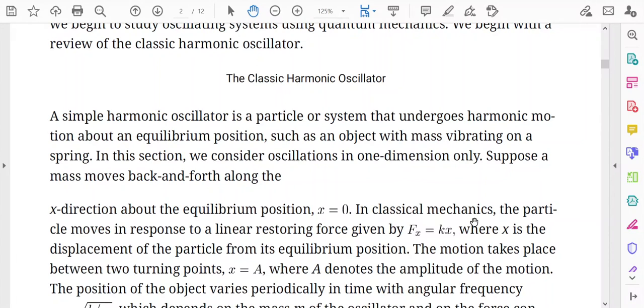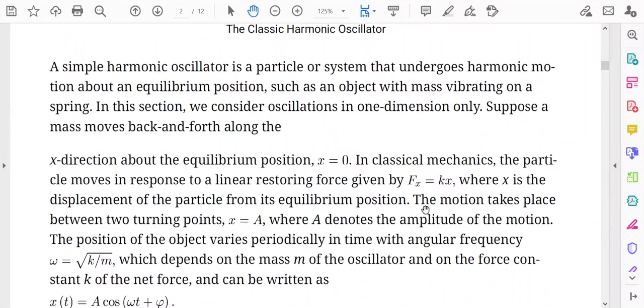In classical mechanics, the particle moves in response to a linear restoring force given by Fx equal to kx. In some books, we write Fx equal to minus kx, as it attracts the mass towards the equilibrium.